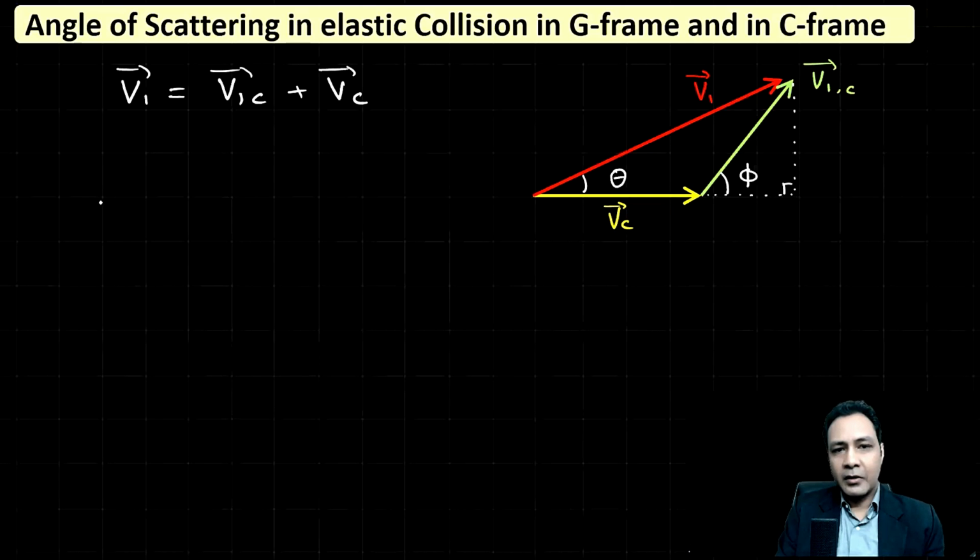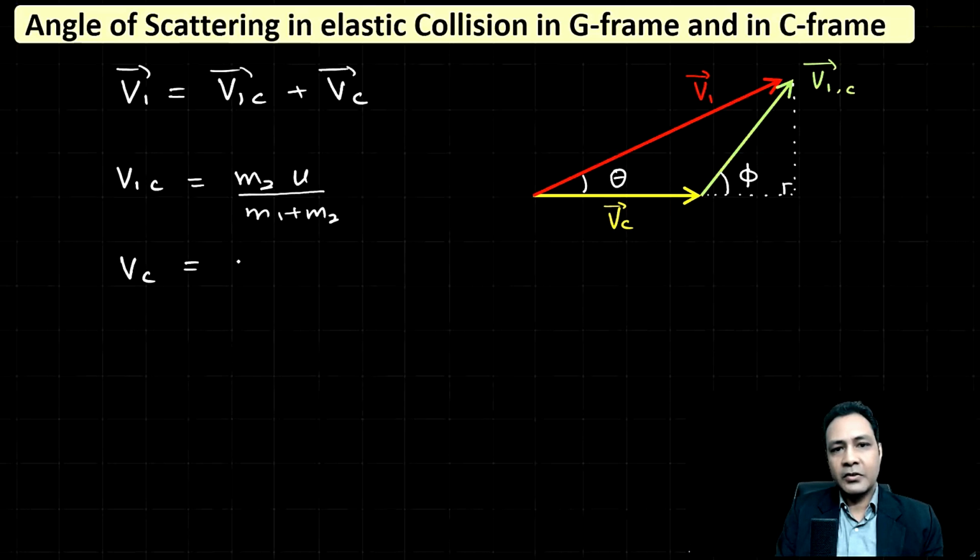And I have just written the values: v1c is m2u upon m1 plus m2, and vc is equal to m1u upon m1 plus m2.